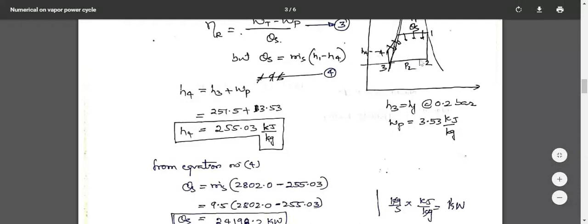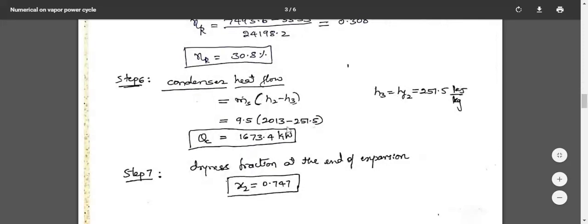So in the steam power plant, once the steam comes out of the turbine, that is point number 2, the entire steam will be converted into water. Then it will be pumped to the boiler. That is the reason for H2 minus H3 here. All values are already calculated, so substitute the values. H3 is equal to HF2.